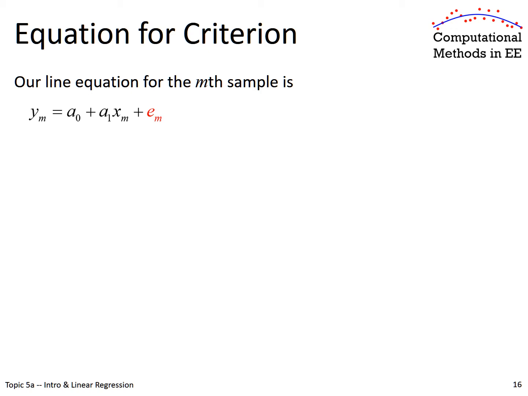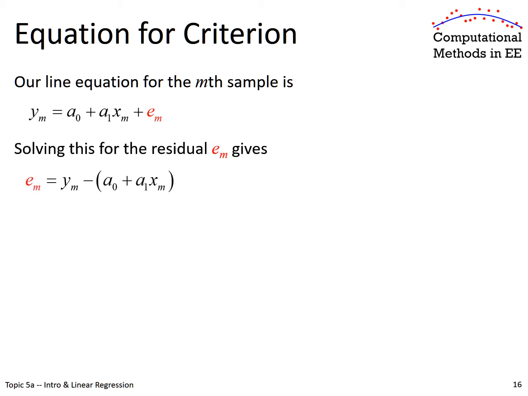So let's look at the equation of the mth sample. So y equals a naught plus a1 times our mth x sample plus the mth residual. We will solve this equation for the residual. So now we have y minus essentially the equation for the line.